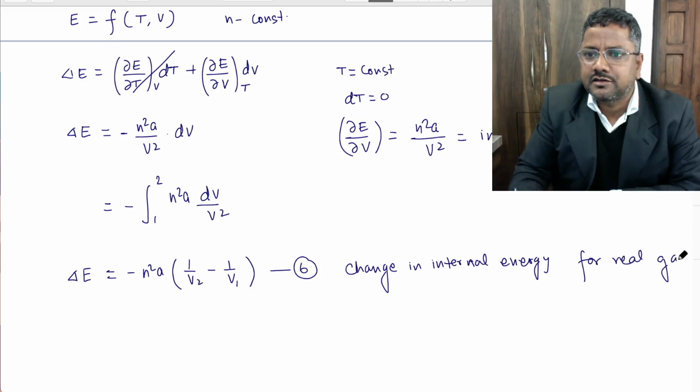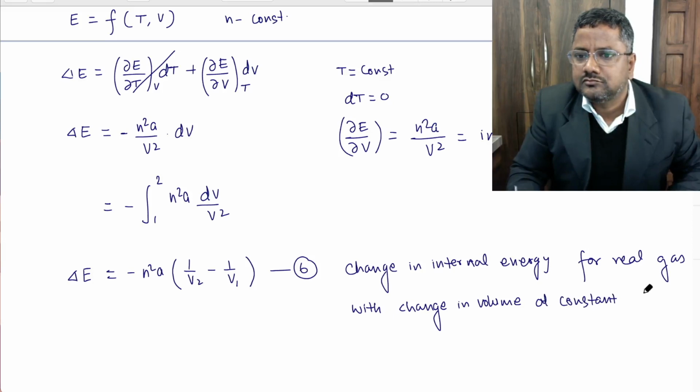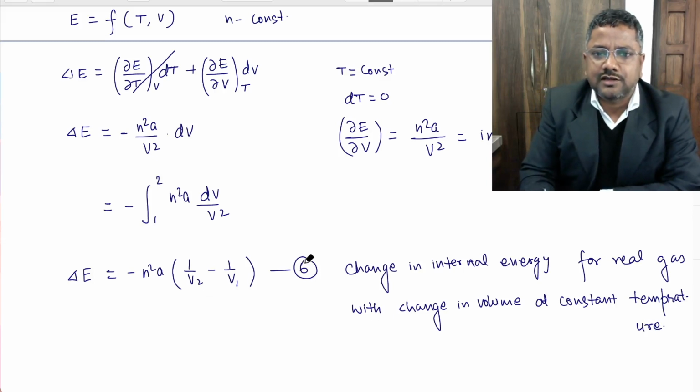Otherwise, with change in volume at constant temperature, by using this equation, you can calculate.